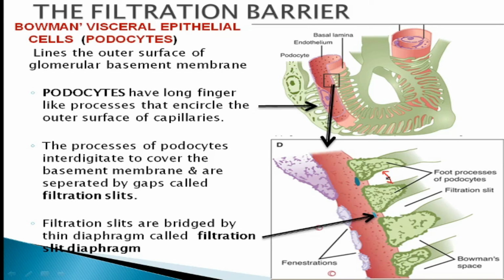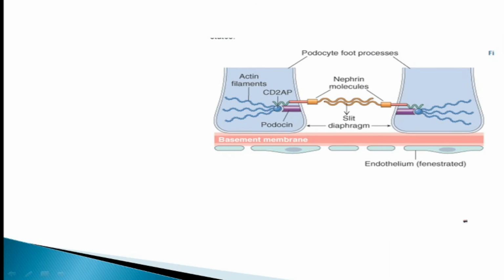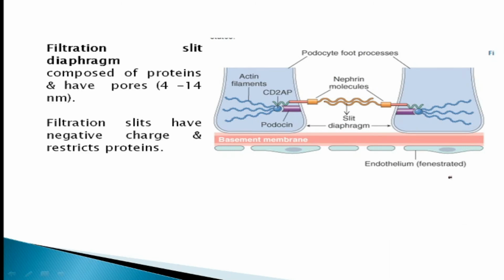Now this filtration slit is bridged by diaphragms which are known as the filtration slit diaphragm. Okay, so here I can show you this diagram which shows that the podocytes are separated by a filtration slit, and this filtration slit is joined by a diaphragm.